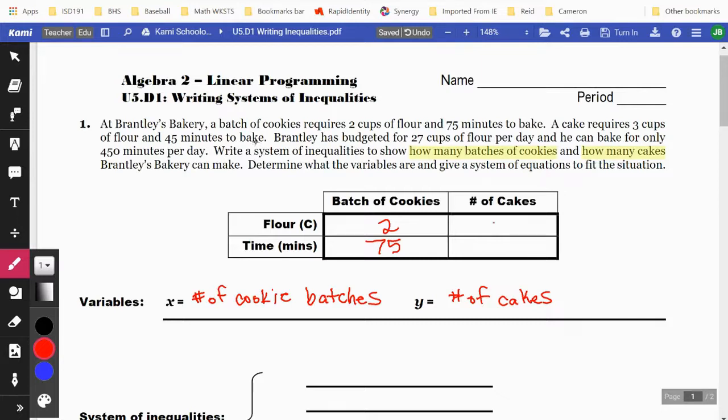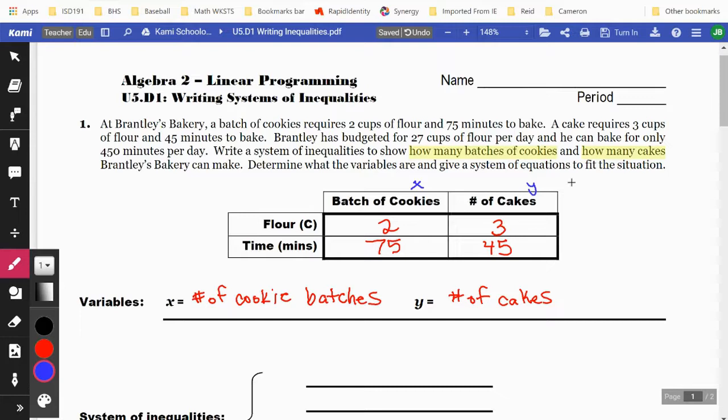So underneath the cakes, we're going to record 3 cups of flour and 45 minutes to bake. While I'm here, I'm also going to label my variables. Batches of cookies was X and cakes were Y.